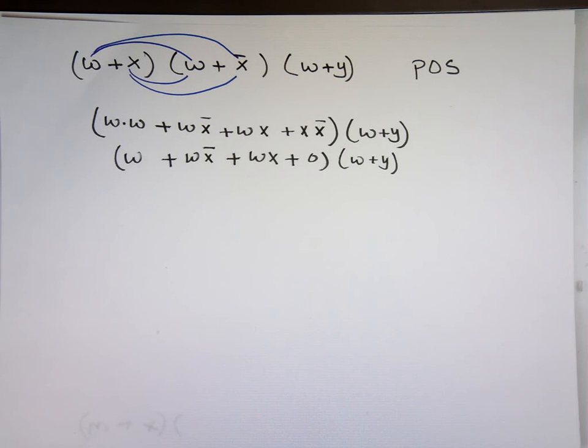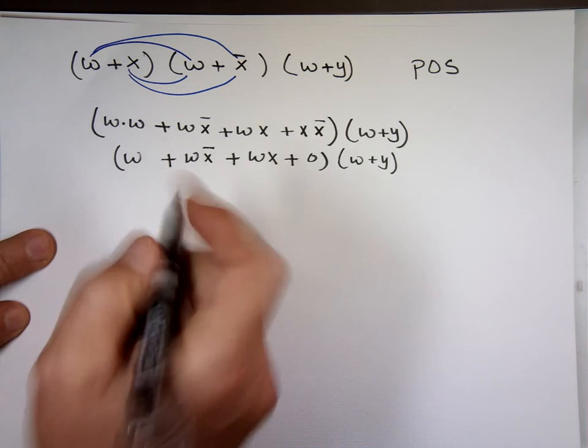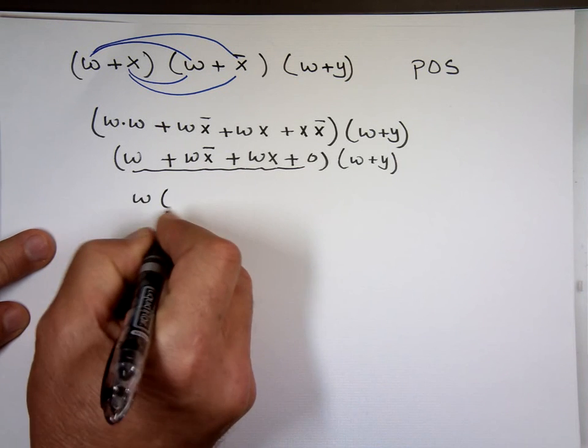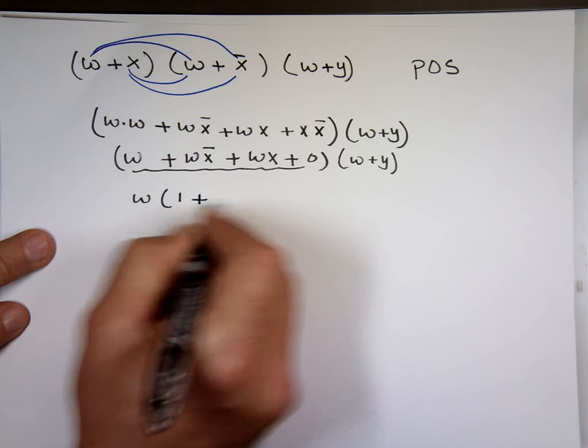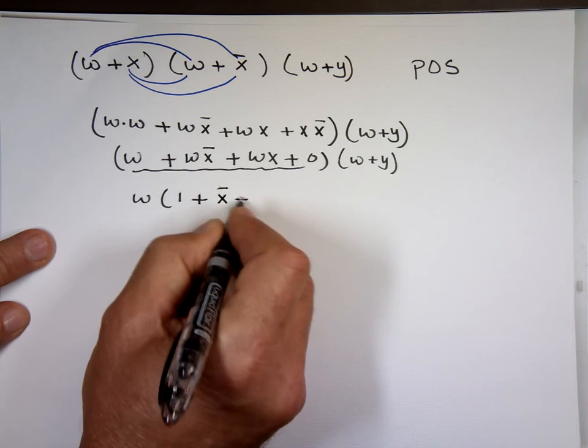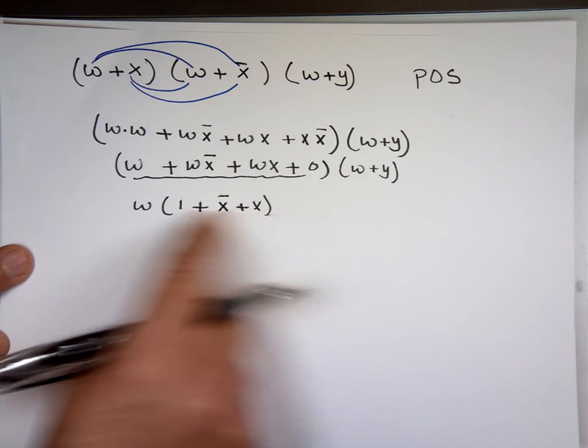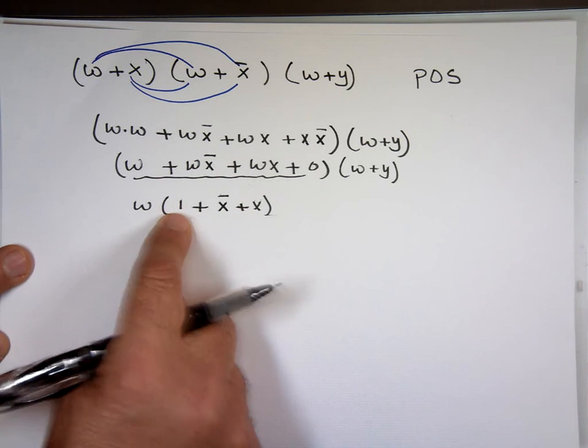This group here, I can factor out W, leaving 1 plus X bar plus X. 1 added to anything, it's an OR gate. If you have an OR gate with one input 1, the result is what? 1. So this is really a W.